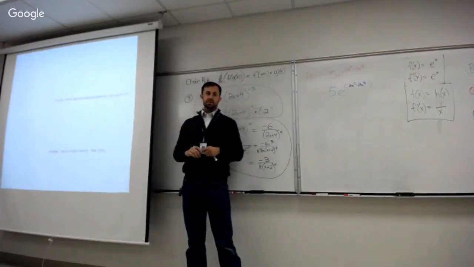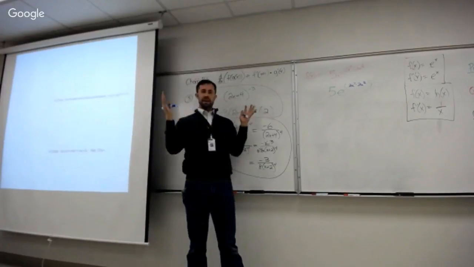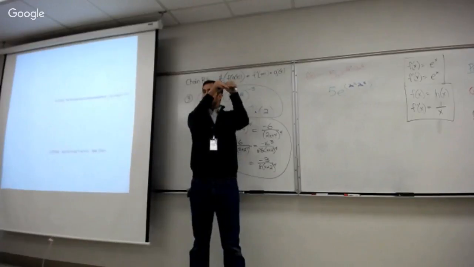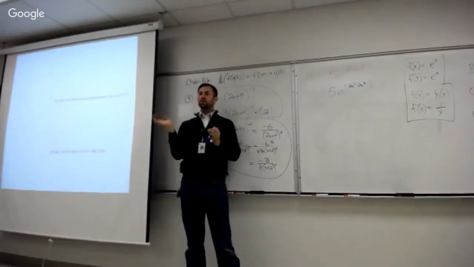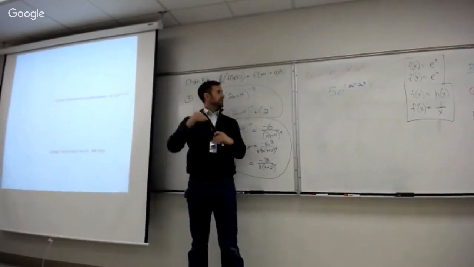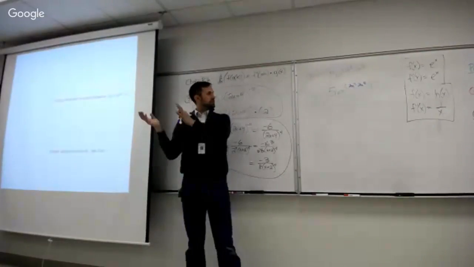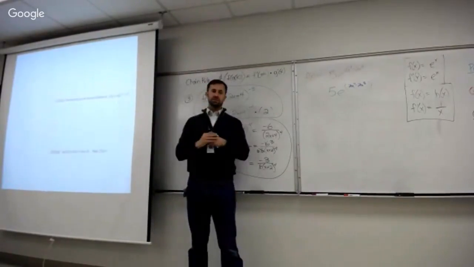If that doesn't resonate with you just yet, just keep on looking at it and ponder, why would the e to the be the outside function? And why would the 2x to the 7th minus 2x to the 8th be the inside function? It might be easier to think about which one did you plug into the other. If 5e to the something is one function, and 2x to the 7th minus 2x to the 8th is another thing, what function just got plugged into the other function?